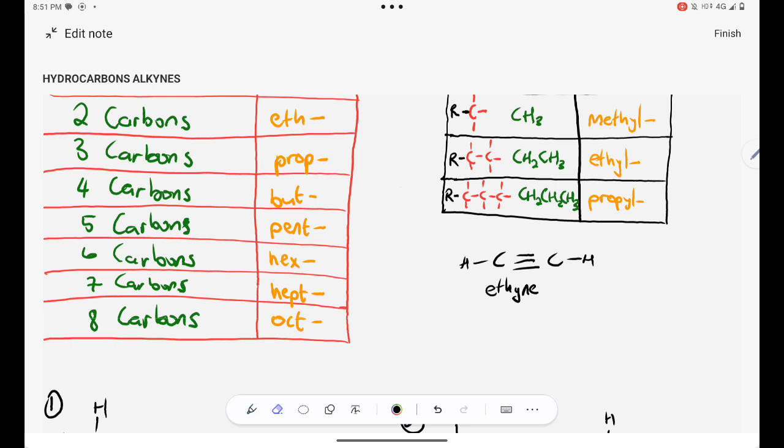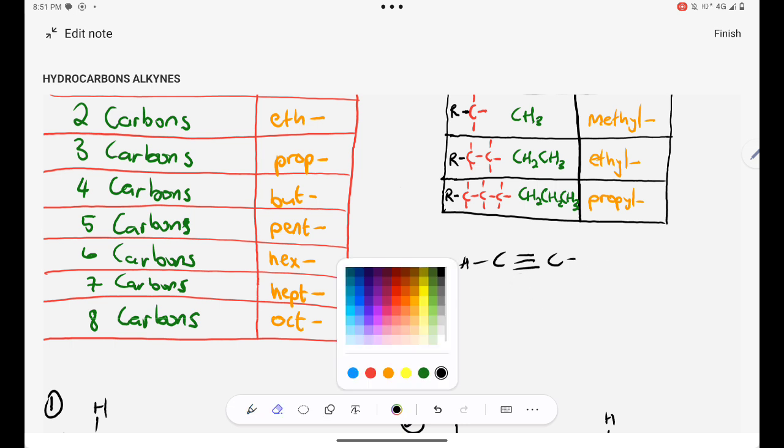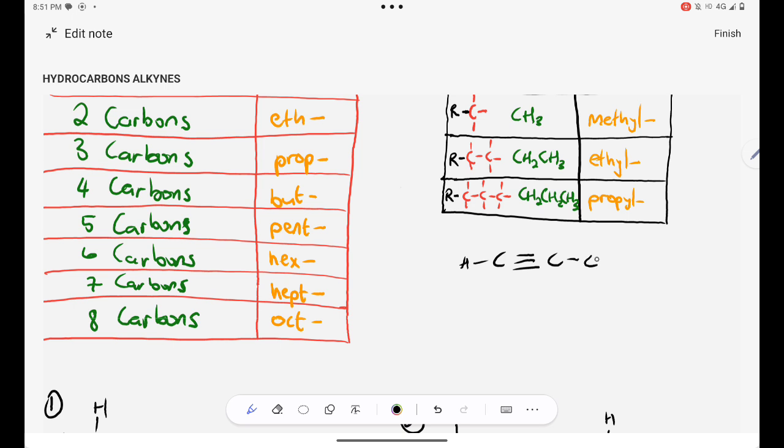And then if you had, let's say, 3 carbons on your parent chain like this, it's very necessary, guys, to number your carbons. Please make sure that your carbons are surrounded by 4 bonds. You must always start numbering your carbons from the terminal which is closer to the triple bond.